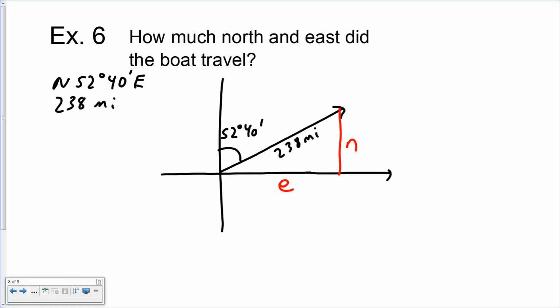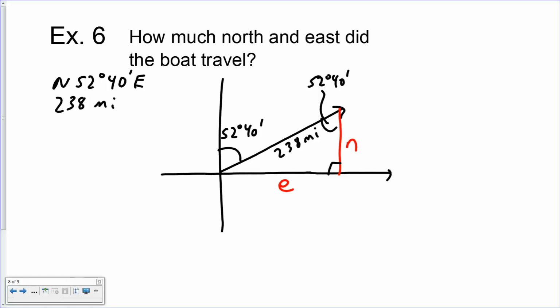Once again, you could take these two as parallel lines, and I could mark this right here as 52 degrees 40 minutes. And now I can work within the triangle that I have. Or you could find this one, subtract from 90, or you could subtract this from 90 and use this angle to get your north and your east. So now you have two equations.